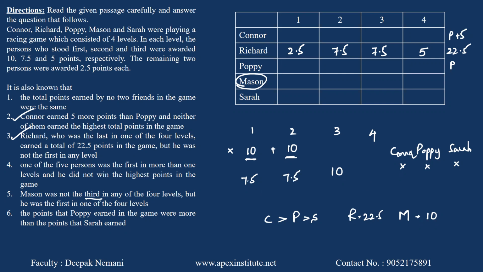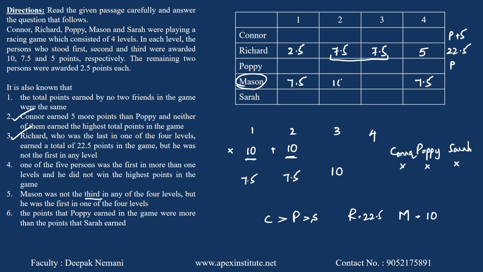Now, can we have Mason getting second position in 3 levels out of 4? No. The reason being, Richard was second in 2 levels. So you cannot have Mason being in second position in more than 2 levels. So Mason was second in this round and also this round.